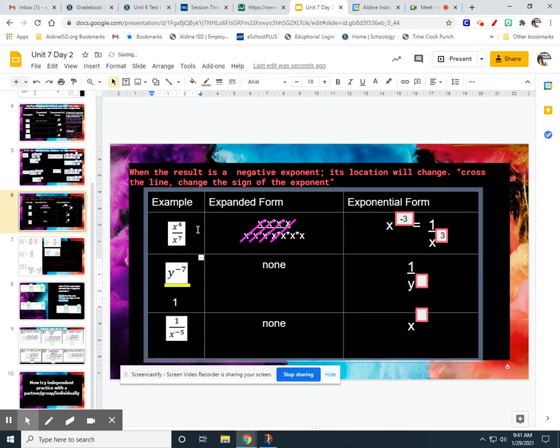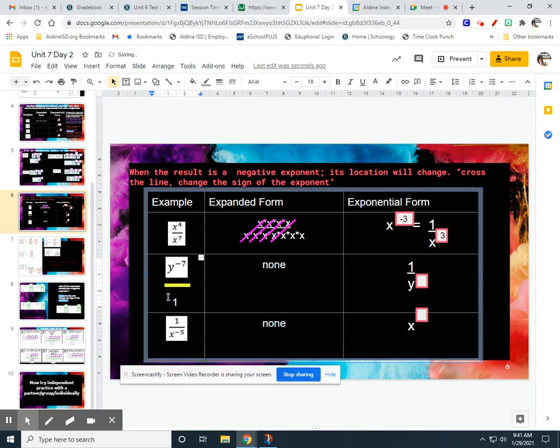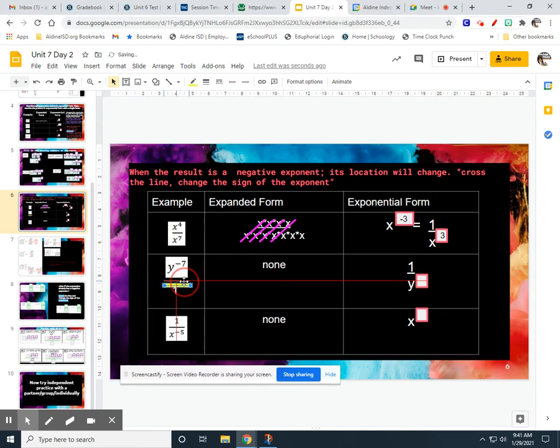There you go. Any number or variable can be written as a fraction, so we put a 1 under it.